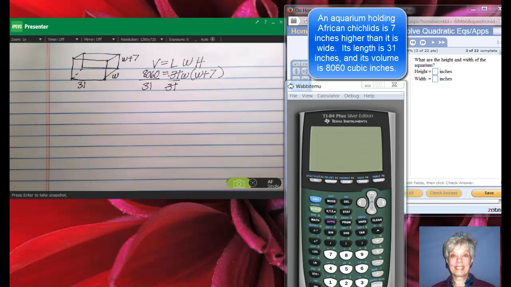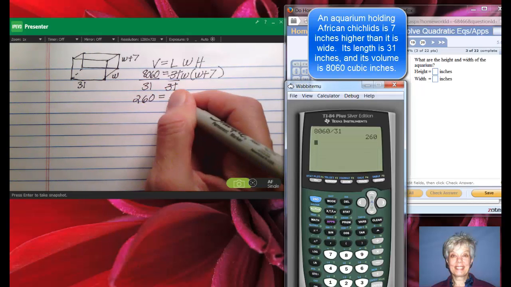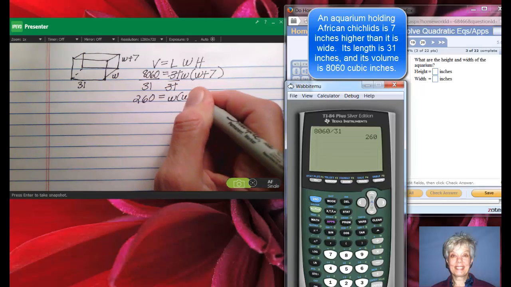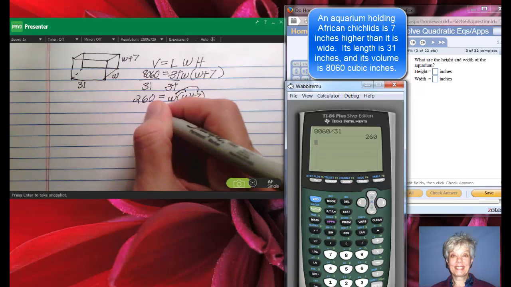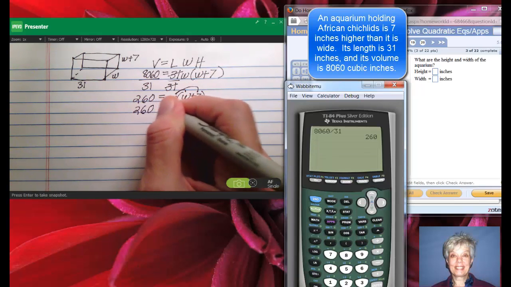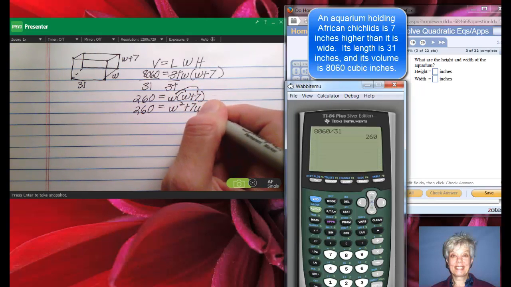Now let's double check. 8,060 divided by 31, enter. Okay, 260. So 260 is going to equal W times W plus 7. I distribute the W, so I'll have 260 equals W squared plus 7W.